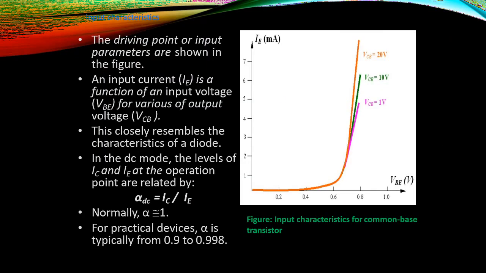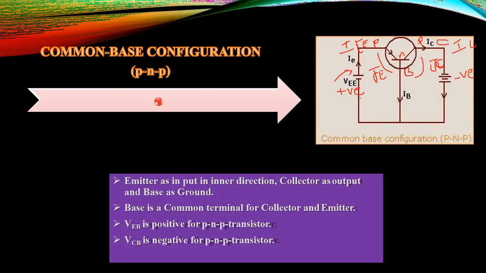If you observe the input session, we have the voltage VE, but we have to consider the voltage drop across the JE junction. It is forward biased, this is the base and this is the emitter. So the voltage for the input session is the VBE voltage, and for the output session the voltage is VBC.